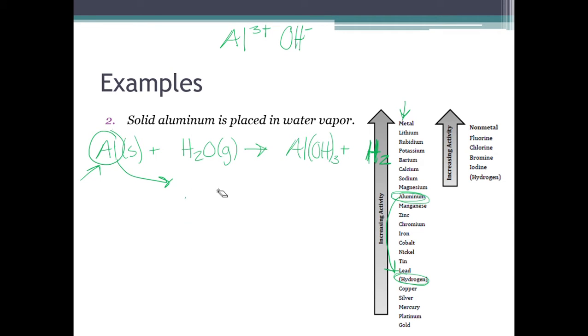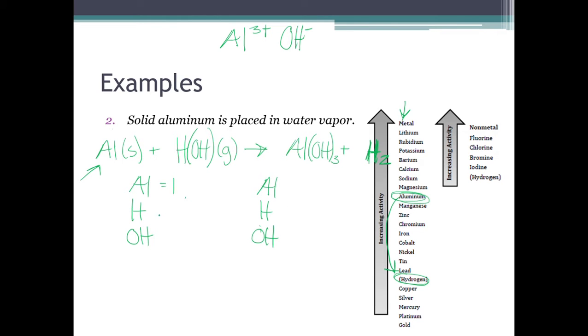Now we need to balance this. Since it is a replacement type of reaction, our polyatomic ion is staying together. So we can count aluminum, hydrogen, and hydroxide, and then aluminum, hydrogen, and hydroxide.